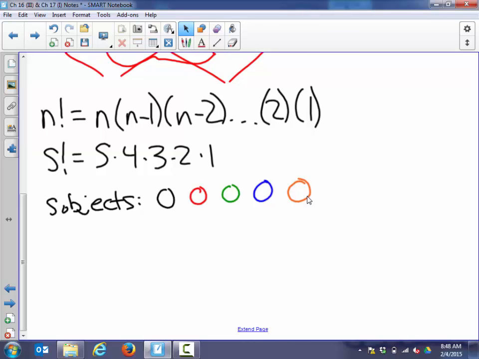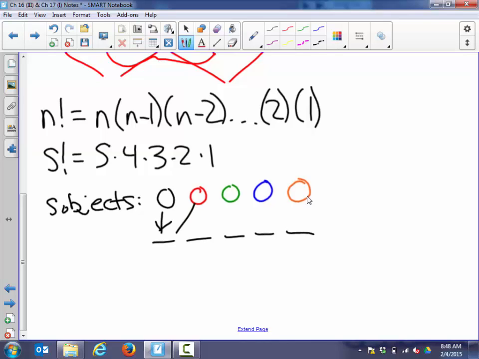There we go. So those are my 5 objects. 5 factorial is the number of ways I could fit those 5 objects into 5 different positions at random, where the order matters. Notice, I've got 5 choices to fill my first slot.